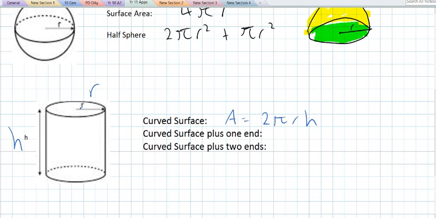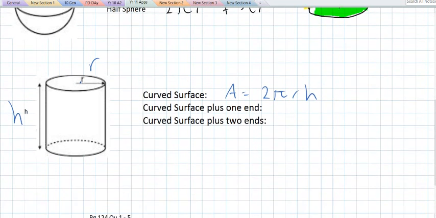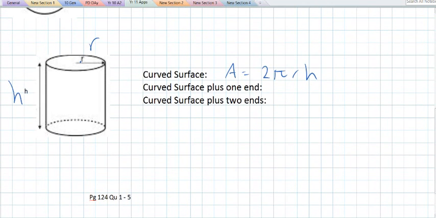And that one's easier to explain where it came from, because if you had a net, the net would look like this. It would be a rectangle with two circles, and those two circles are the lids of the cylinder, whereas the rectangle is the curved surface going around.